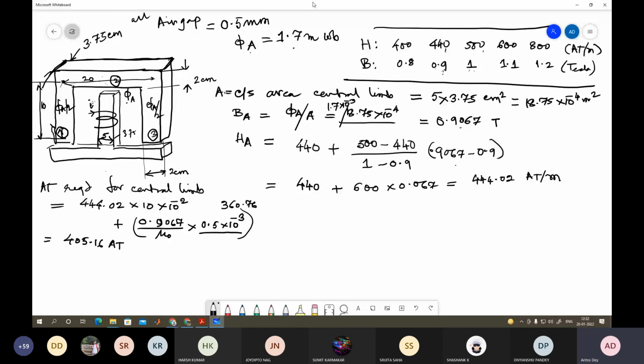So this is the slope of this line. If you just draw the point like that, it is the difference in the H divided by the difference in the B, into the delta change from 1.1 to 1.133. So that I have done, and from that I got H is equal to 606.6.